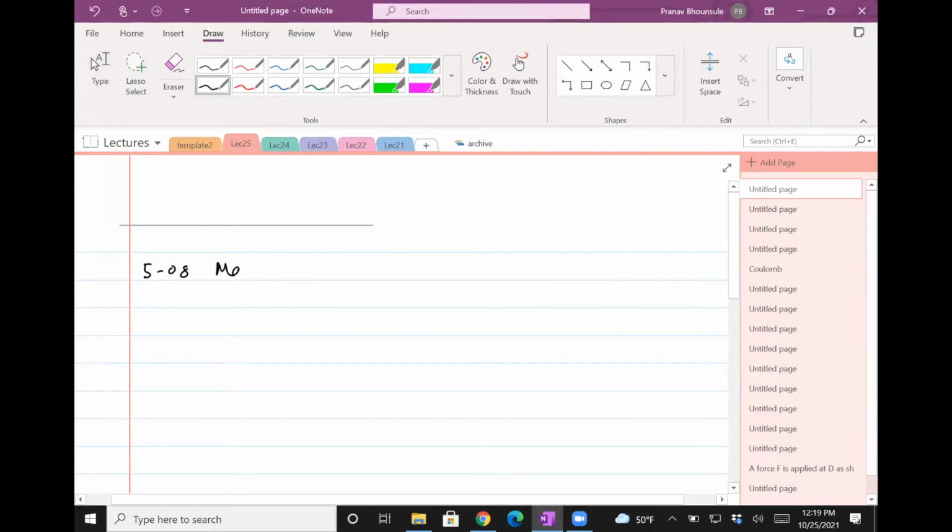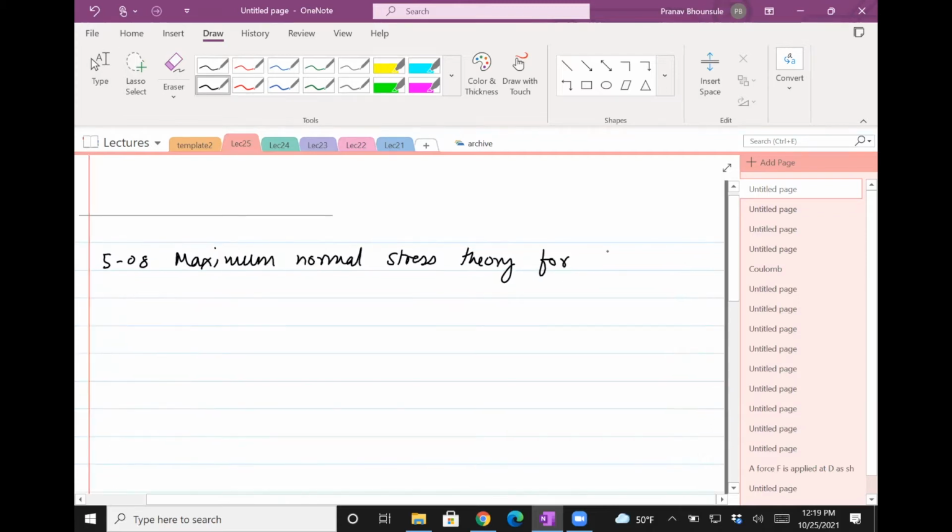Let's look at this theory, which is a really simple theory: the maximum normal stress theory for brittle materials.